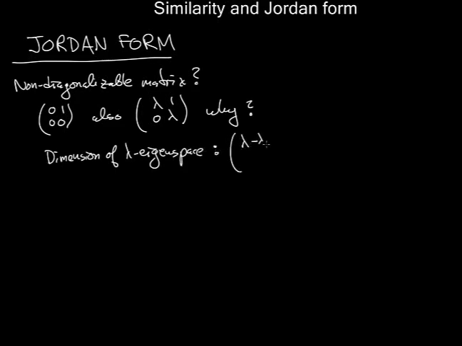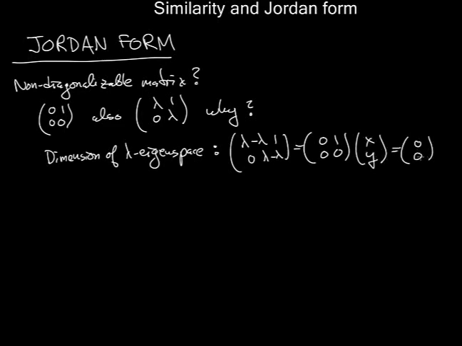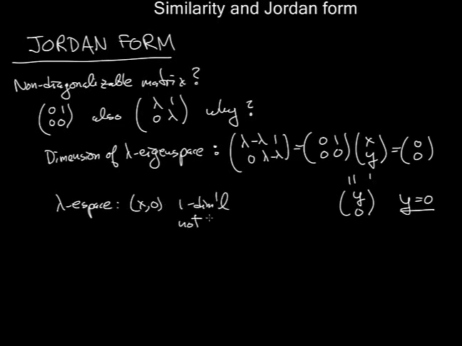The sum of the dimensions of the eigenspaces has to be the dimension of the space, which is 2. Well, there's only one eigenvalue here, which is lambda, and the dimension of the lambda eigenspace is 1 and not 2. A basis of the eigenspace is the vector 1, 0, or the eigenspace is x, 0, which is one-dimensional. Unfortunately, it's not two-dimensional, so this matrix is not diagonalizable.